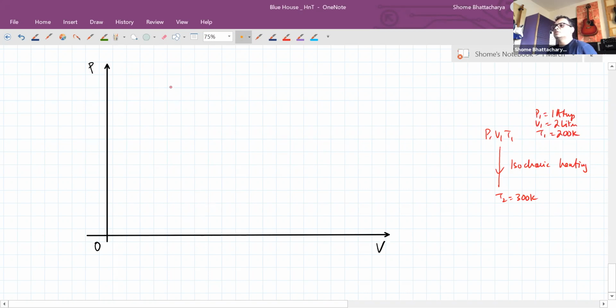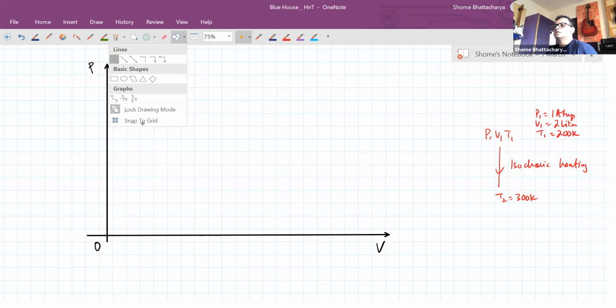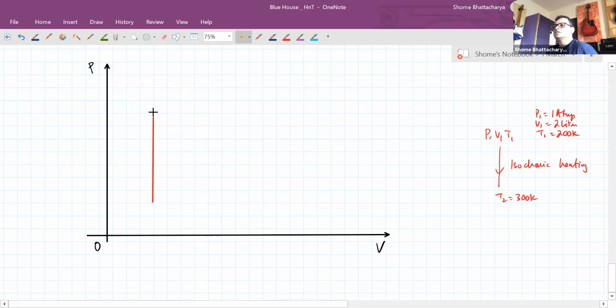That kind of process looks like a vertical straight line. So immediately we know that on the graph, our first process is going to be a vertical straight line in which temperature is increasing, so it must be going vertically upwards. The temperature T1 at this point is 200 Kelvin.